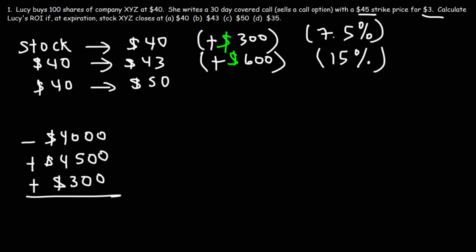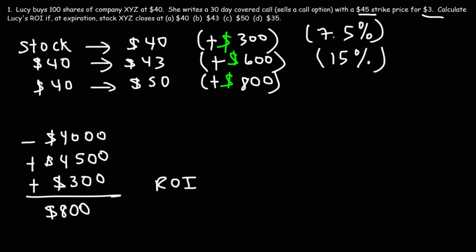So she put in 4,000. She is getting back 4,800 from this trade. So that's a net profit of 800. This right here is the most that she can gain from selling the call option in this particular situation.